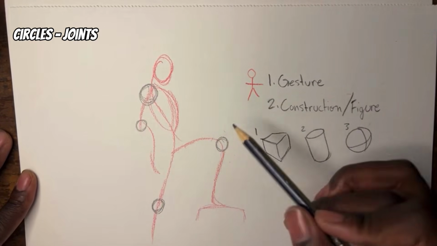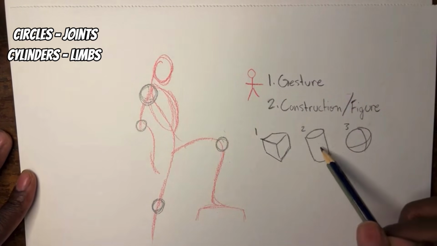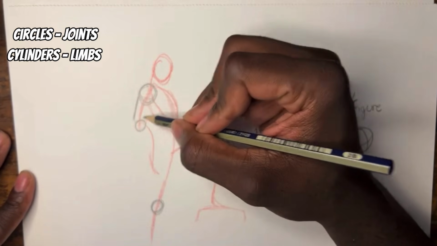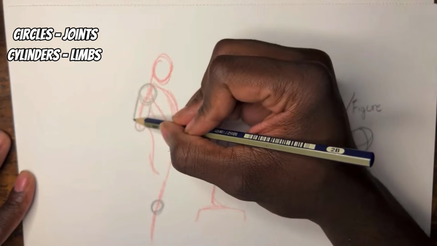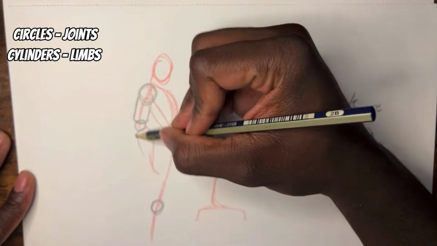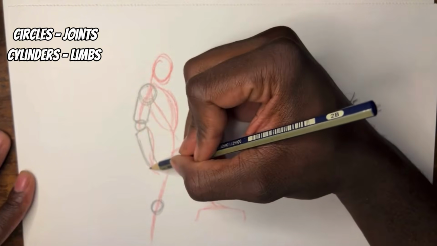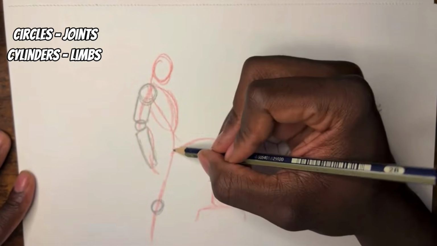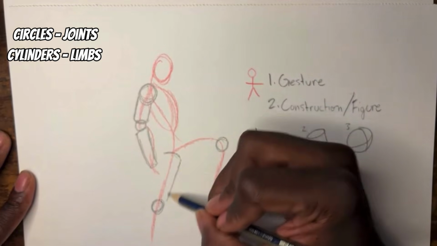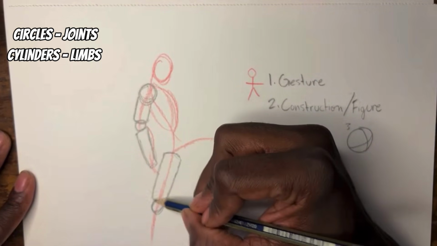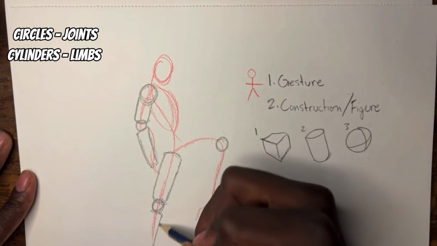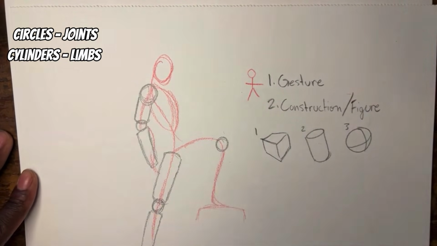I use cylinders for the limbs, for those major muscle groups. So if we're talking about the biceps, the triceps, the forearms, the legs. And you can see how our body is starting to come together here, just off of these simple shapes that we've added.